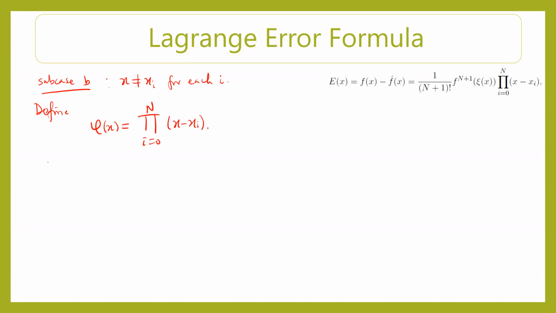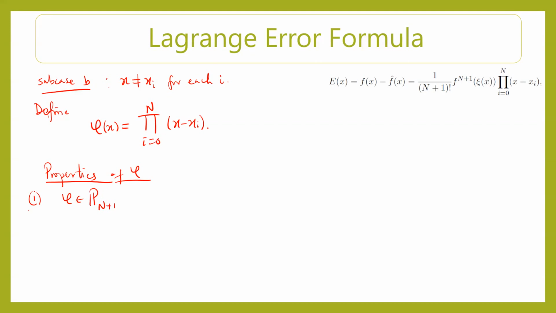Now, before I go ahead with what I need to do, I want to state some properties of this phi. The first thing you should notice from this is that this is a polynomial of degree n plus 1. Okay, it starts from 0 and it goes all the way to n.